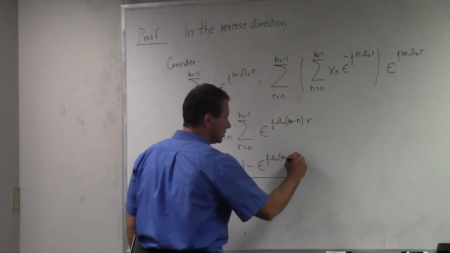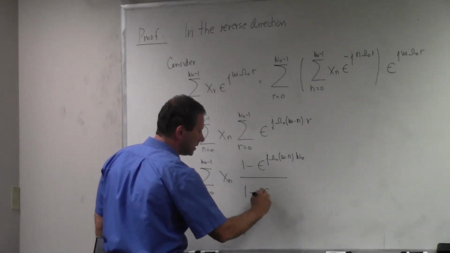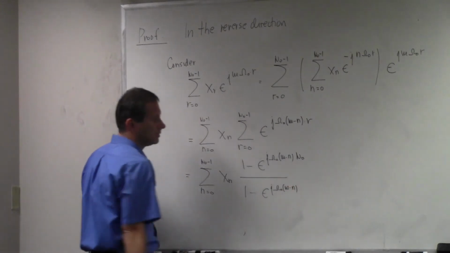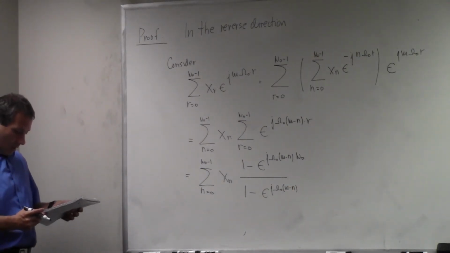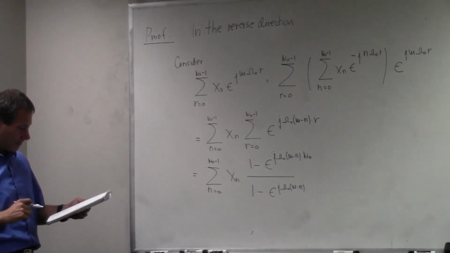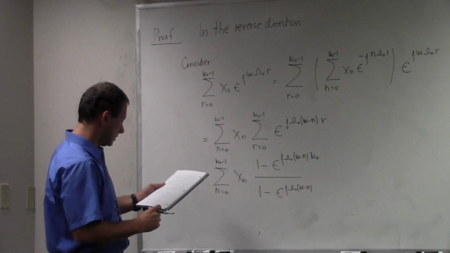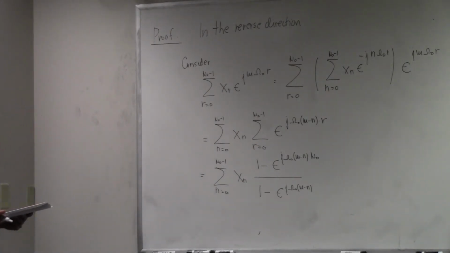So it's just n0. And downstairs I have 1 minus e to the j omega 0 (m minus n) times 1. So that's how we sum this.